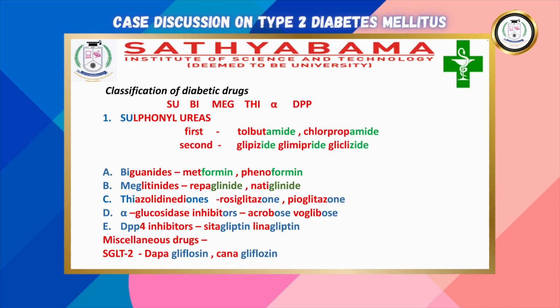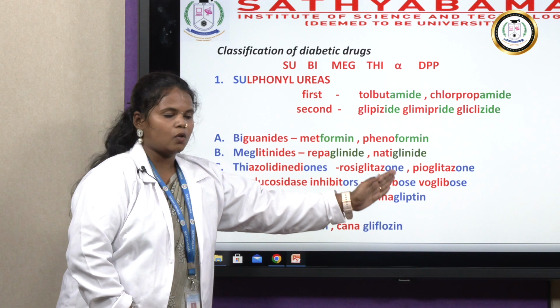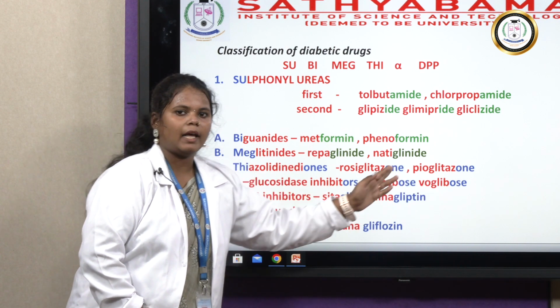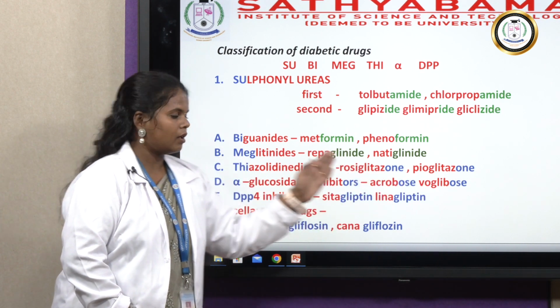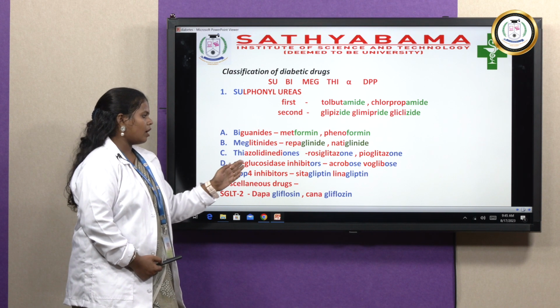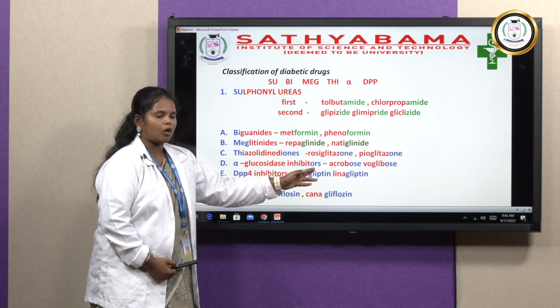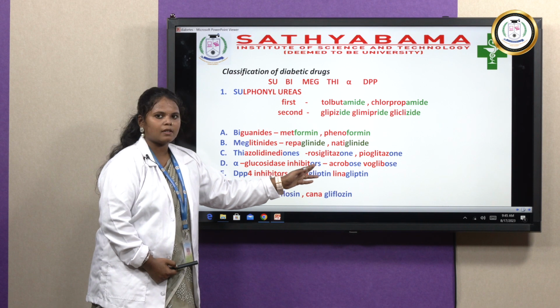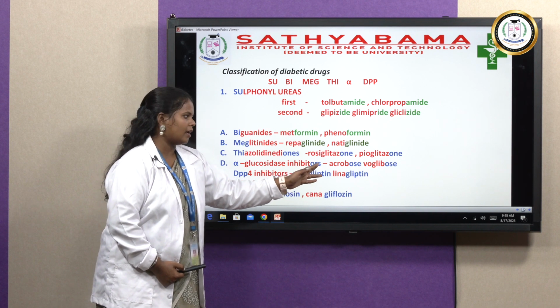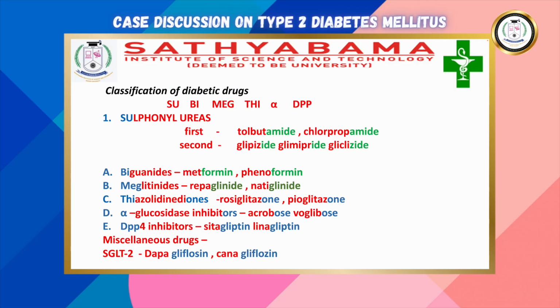And coming to the thiazolidinediones, they end with the sound of one: rosiglitazone, pioglitazone. And the alpha glucosidase inhibitors end with the sound of ose: acarbose, voglibose.